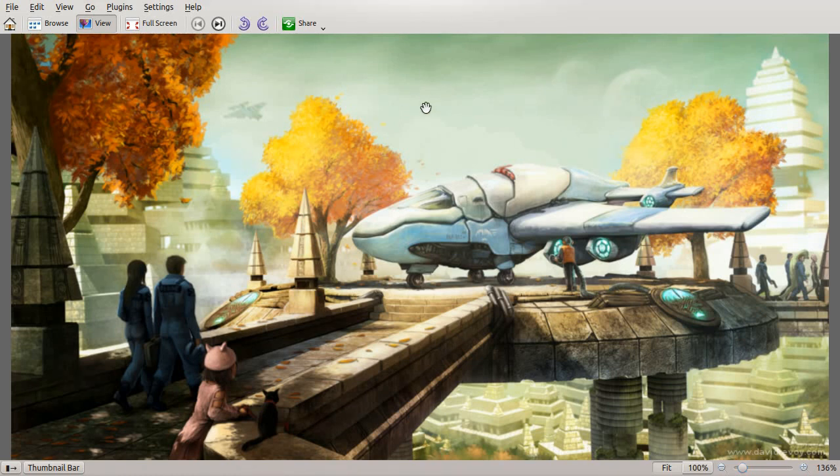So the first one that I want to show you is this one, and for a few different reasons. The first one is balance. Do you remember when we talked about balance, about that imaginary scale in the center of the image and balancing your main points of interest according to it? Now, the main point of interest in this image is this airship right here. It takes up a lot of visual weight, and the second point of interest are these characters over here.